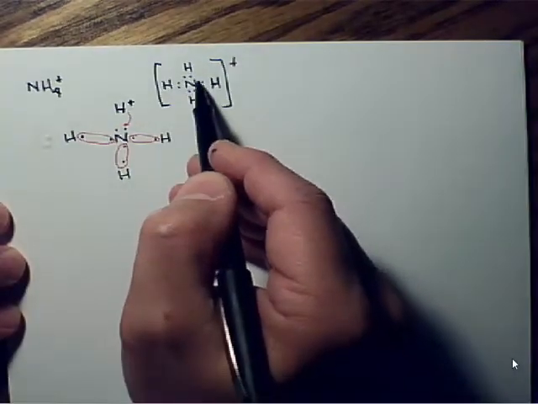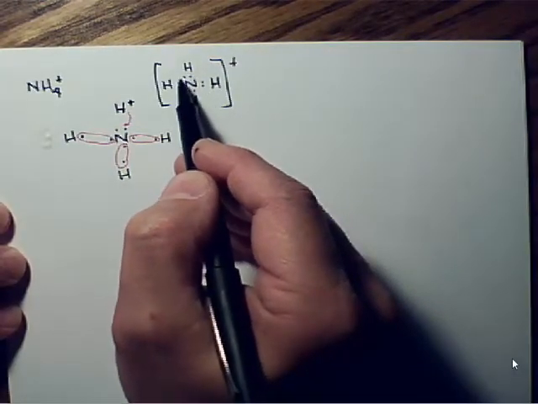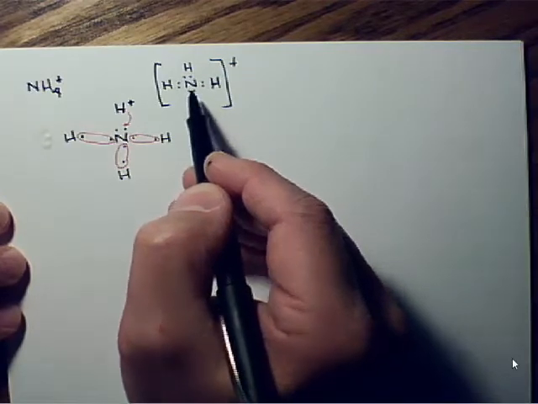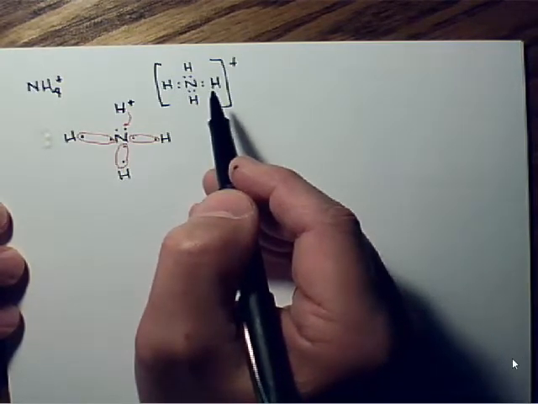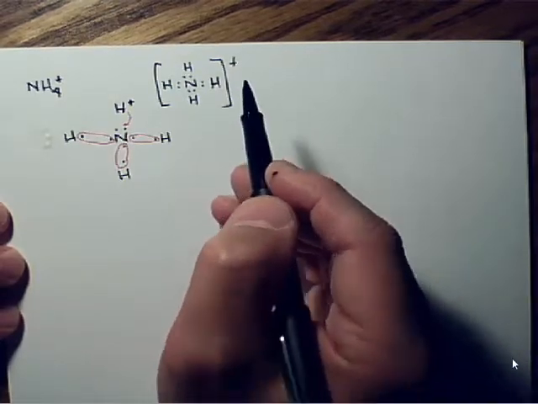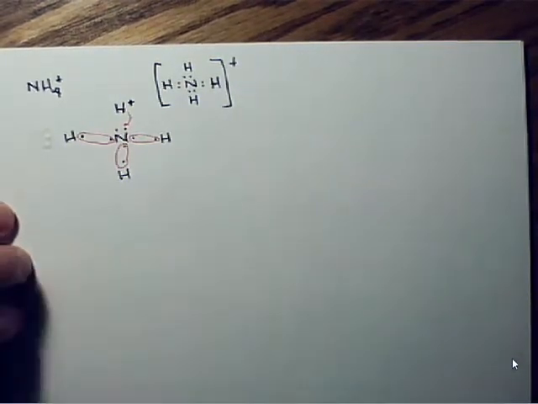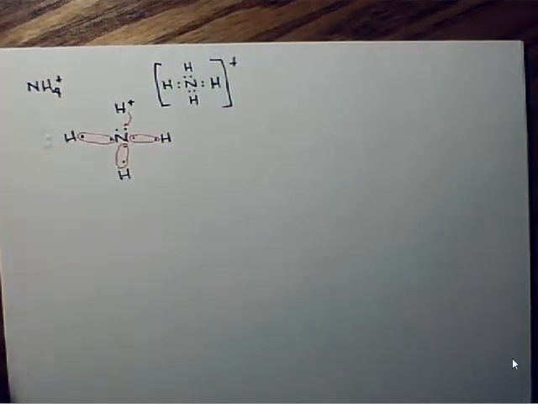If this is the Lewis dot formula for ammonium, how do we find the molecular shape of this polyatomic ion? What's the first step? What do we call the first drawing we do when we're figuring out molecular shapes? Well, not electron model, but you're getting close. It is electron in there, yeah.